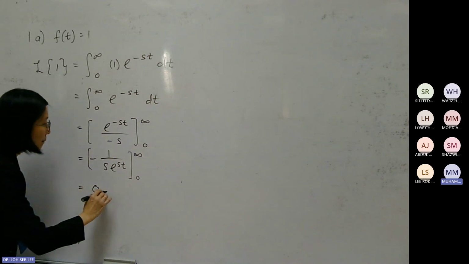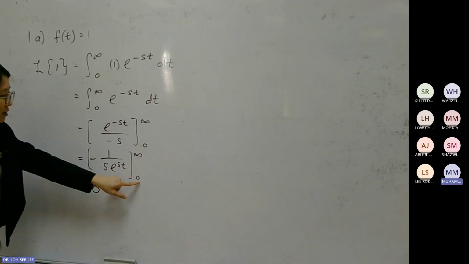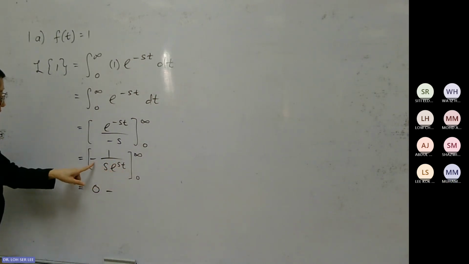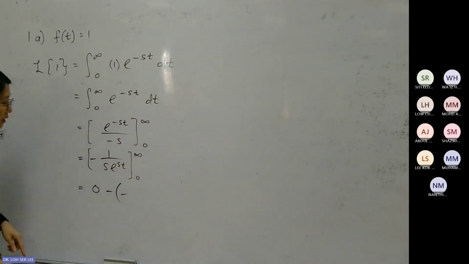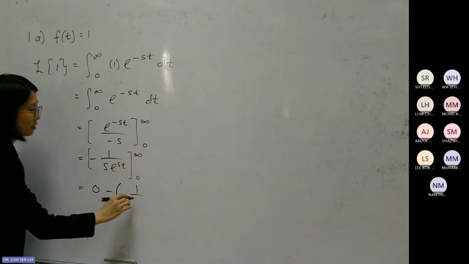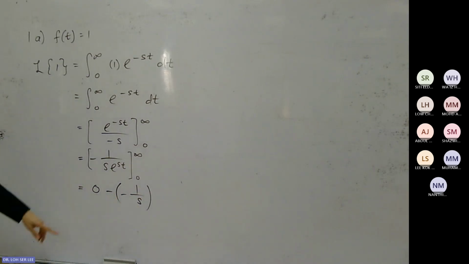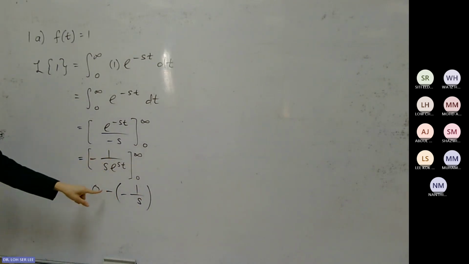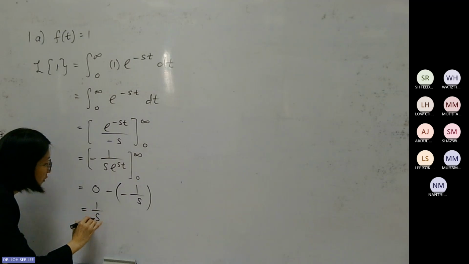Then minus the value at 0 substituted into t. You have a minus here, so negative 1 over s, because e to the 0 is 1 over s. So this means you get 1 over s.